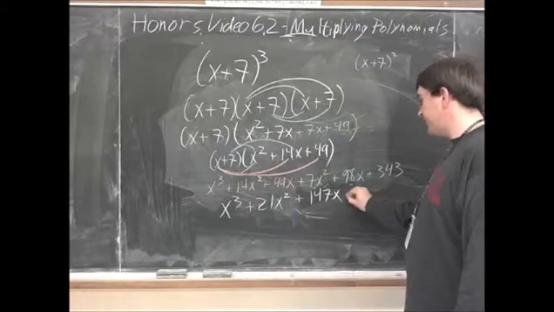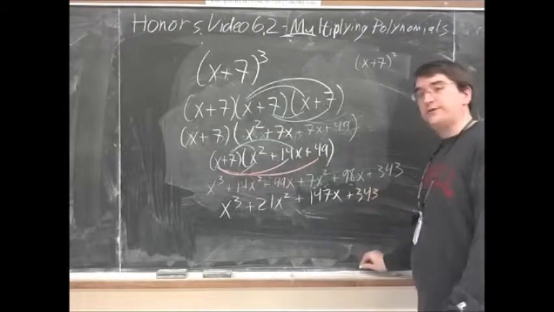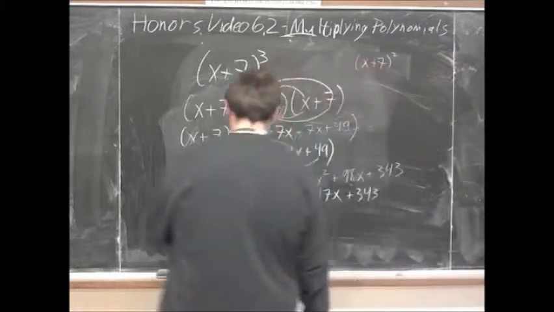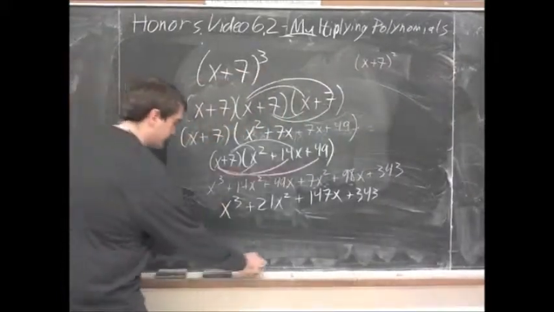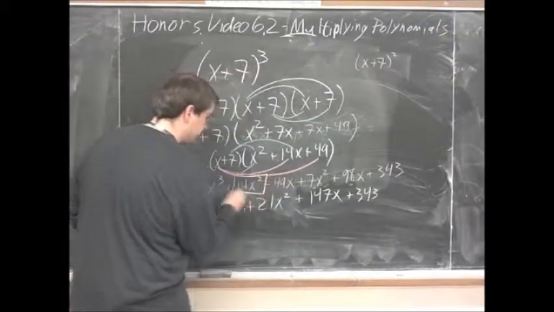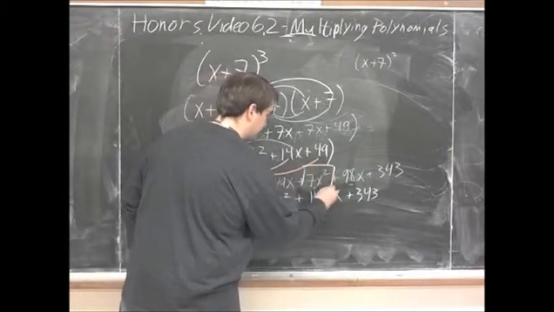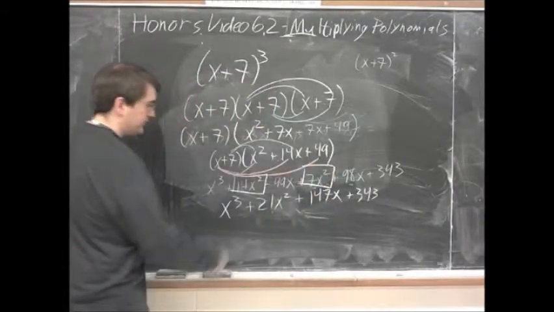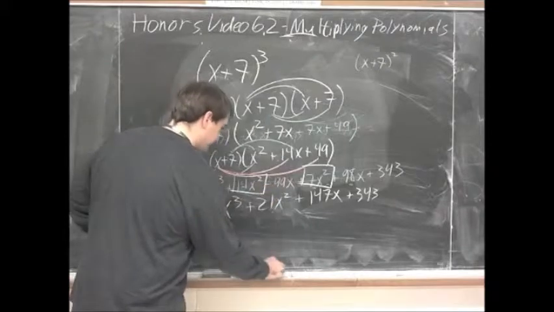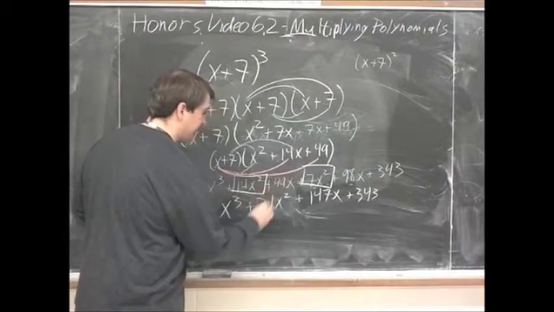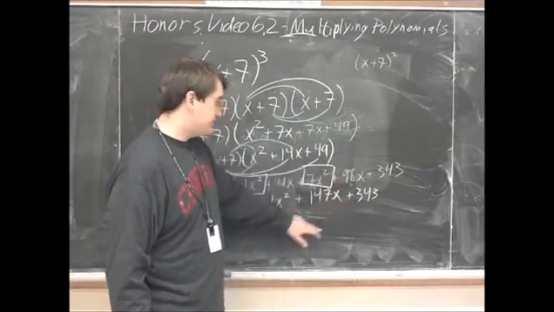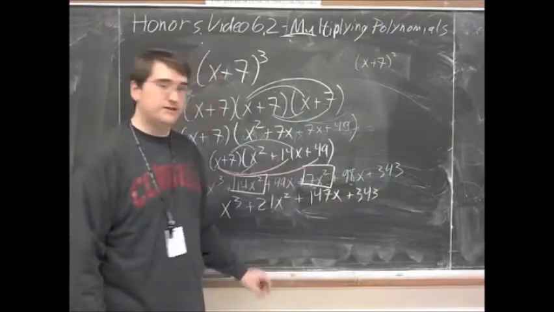And then 343 is 343. So that is my final answer there. I combined the 14x squared with the 7x squared to get 21x squared, and I combined the 49x with the 98x to get the 147x.